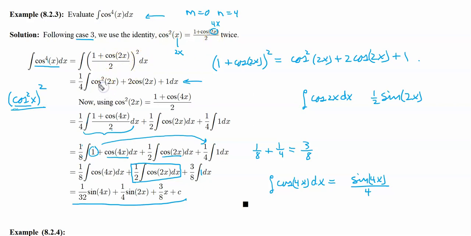Then we still had a cosine squared term, so we had to reapply this identity again until we knocked everything down until we only had cosines to the 1st power. That's the way this problem worked out. And that concludes this video about integrating powers of sines and cosines.